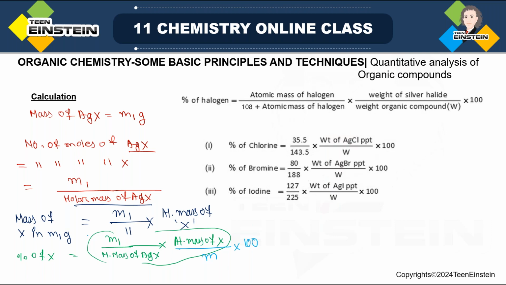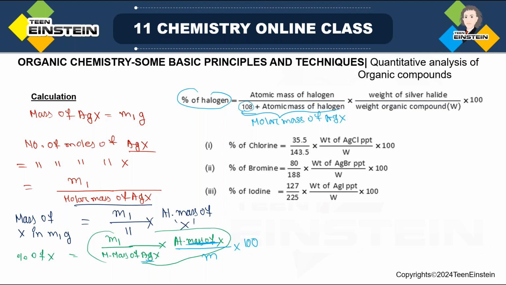Now we will see it for all the halogens. The percentage of halogen is the atomic mass of the halogen in the numerator. In the denominator you have 108 plus the atomic mass of halogen. What is 108? 108 is the atomic mass of Ag, so the molar mass of AgX is the atomic mass of Ag, 108, plus the atomic mass of halogen.